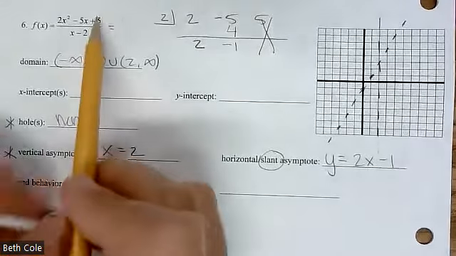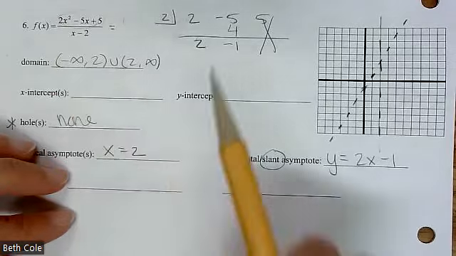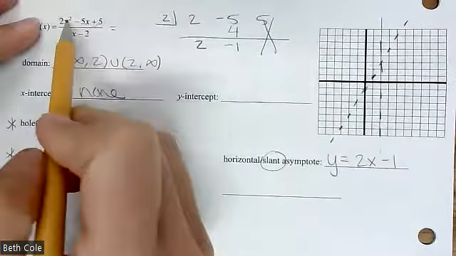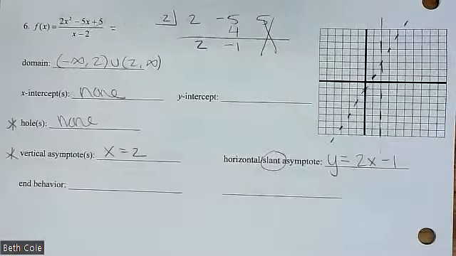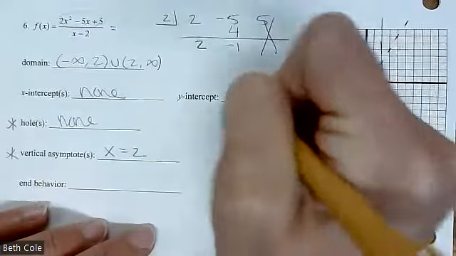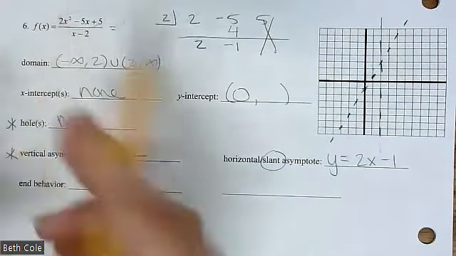All right, x-intercepts. We weren't able to factor this, so do we get any? No. If we could have factored that, we could have set them equal to 0 and then gotten some answers, but we couldn't. So y-intercept, what are we going to plug in? 0. If you plug in 0 for all these x's, what are you going to get?